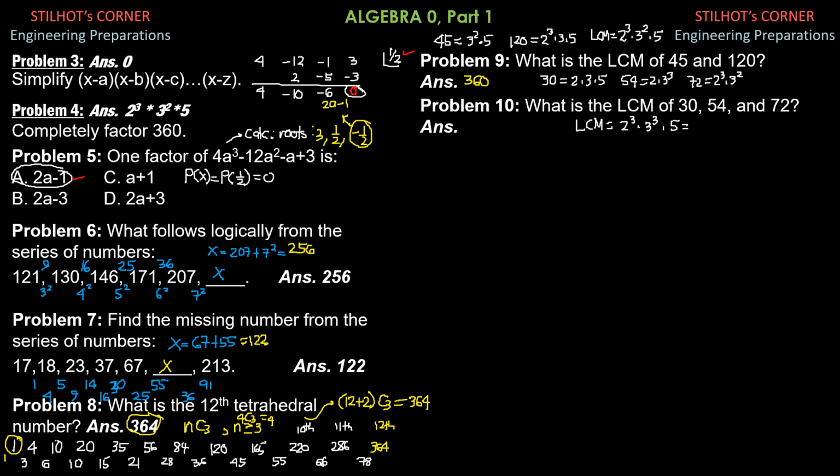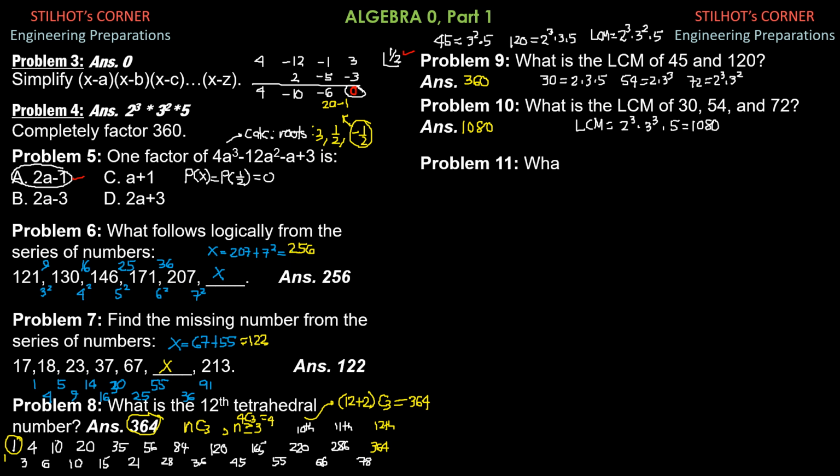So 2 cubed times 3 squared times 5 is 360. So therefore the answer is 360.